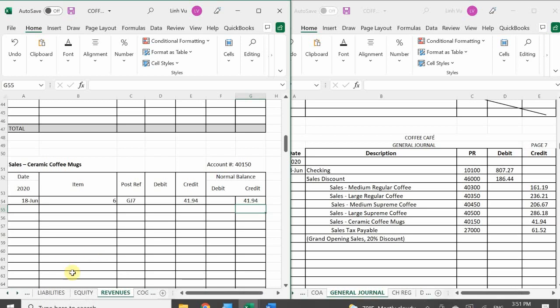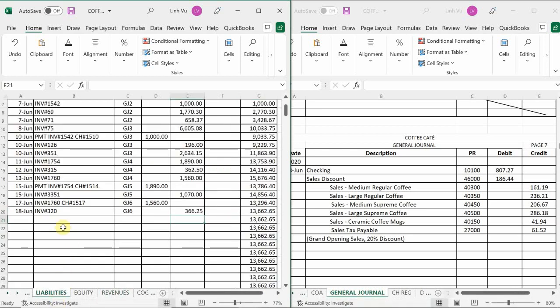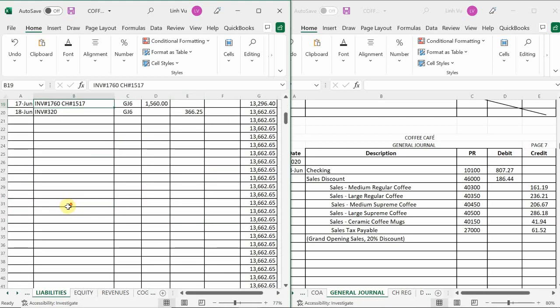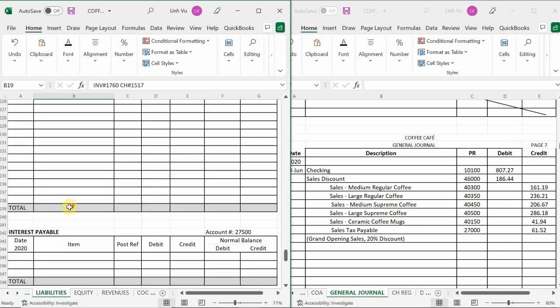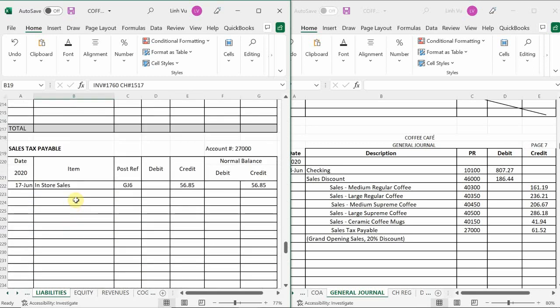Last but not least, we have some sales tax that we collected from our customers. So, sales tax. Okay, here it is. We collected $61.52.